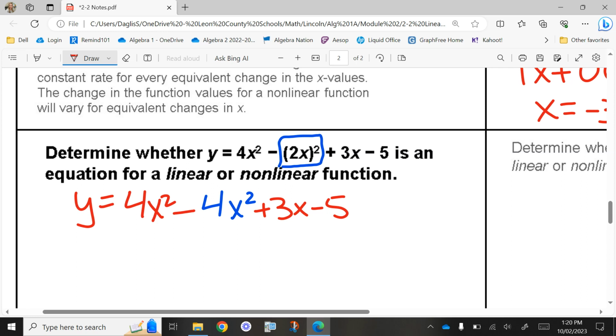The next part of order of operations is multiply and divide if I see any, and I don't. After that, it's add or subtract, which I do see: 4x squared minus 4x squared.